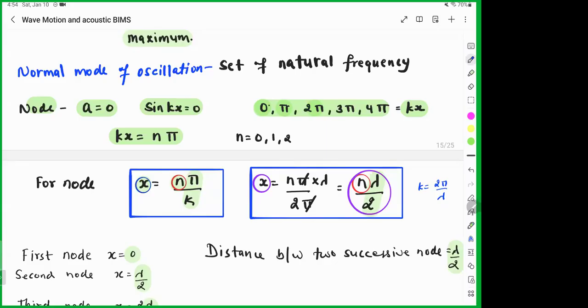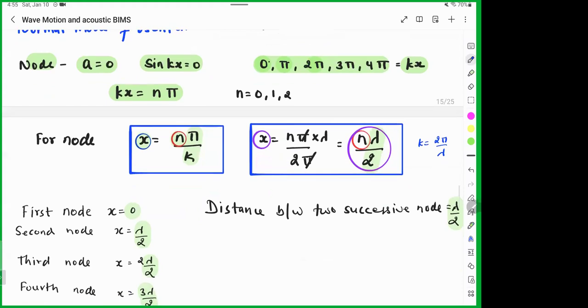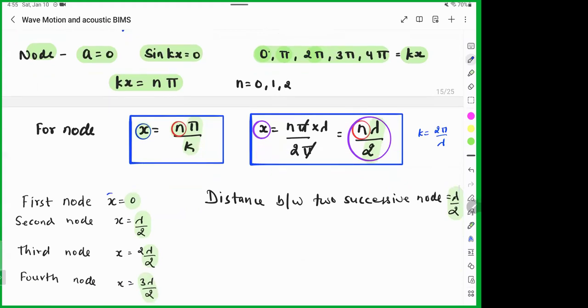By the way, just because it is given in your portion, I'm telling you, without using any formula, you can easily tell where a node will form. Like, the first node will form when x is 0.